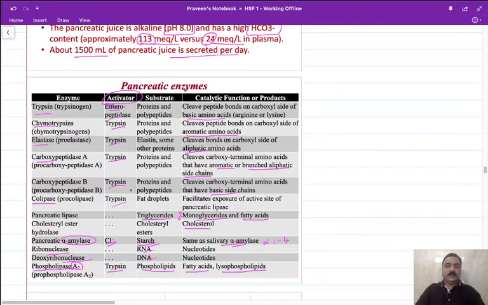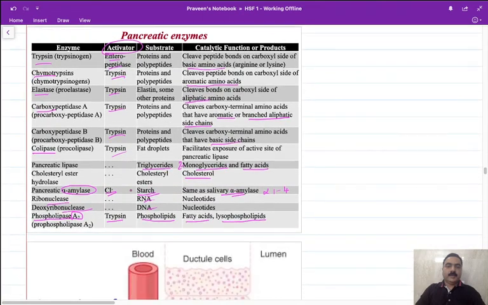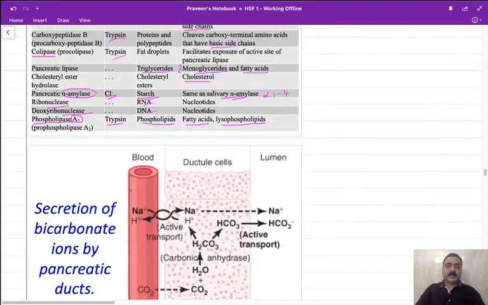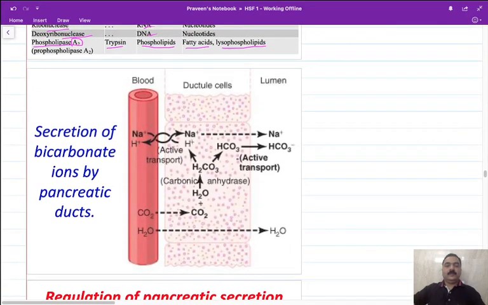Okay, so let's move forward and see how this secretion is happening. Secretion of bicarbonate by the pancreatic duct. How is the pancreatic duct causing that? Same as the reaction that we have seen in the parietal cell. It takes carbon dioxide and makes it react with water.